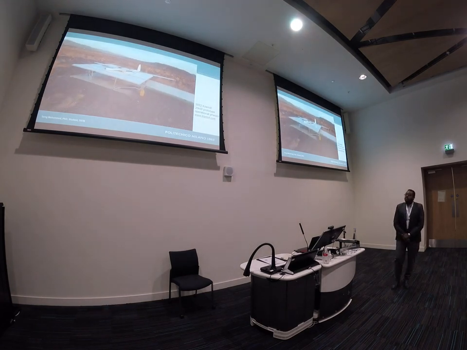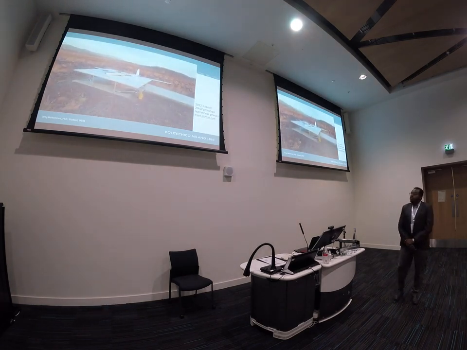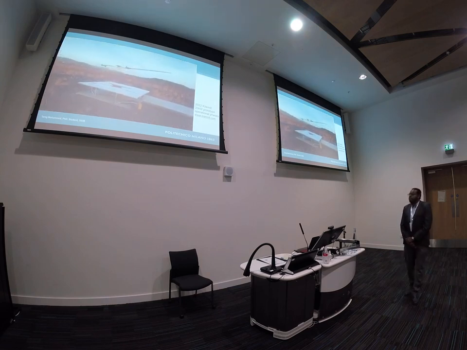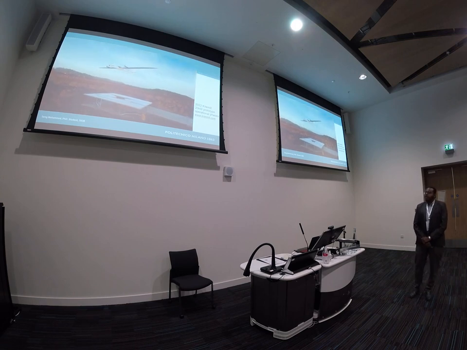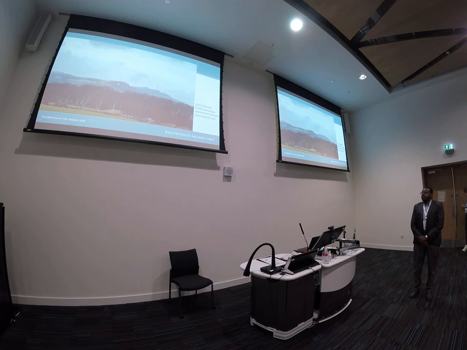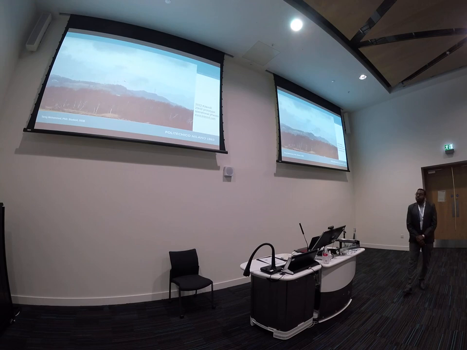So this is the 20 kilowatt prototype from Kite Mill, test site at Testa, Norway. This is the takeoff, and we just reel out until we reach a predefined altitude.